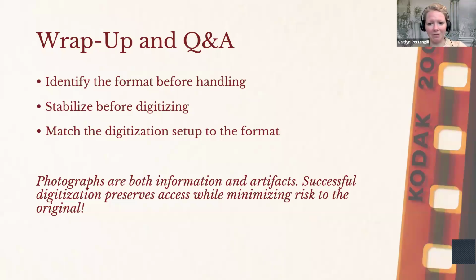Second, stabilize before digitizing. Digitization should never create new damage. It should only help you to prevent future damage. And third, match the setup to the object rather than trying to fit every object into your existing workflow. So, as I said, photographs are both information and artifacts, and successful digitization records both of those things while still minimizing risk to the original.